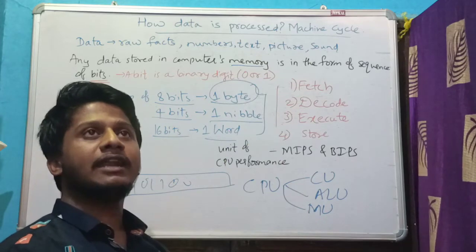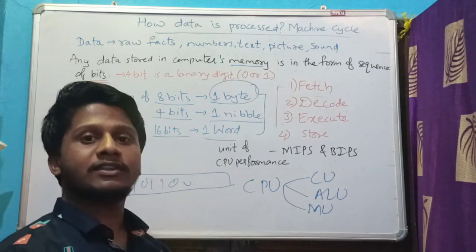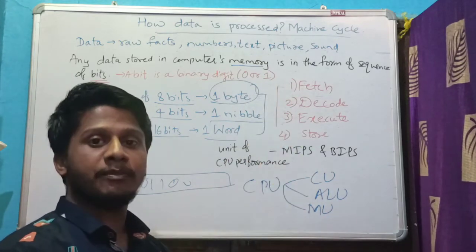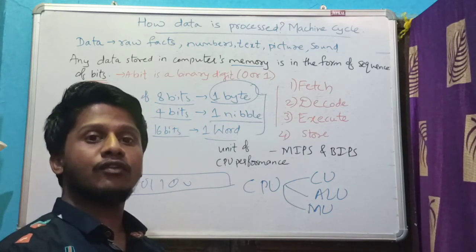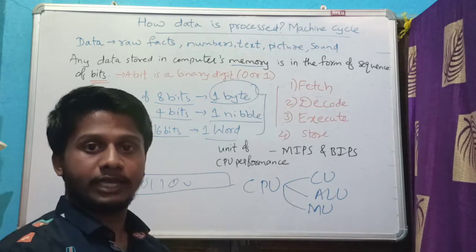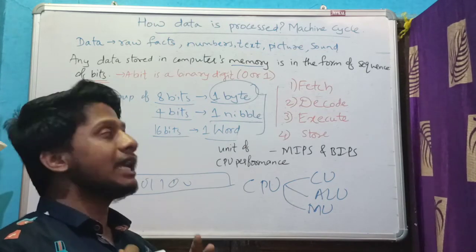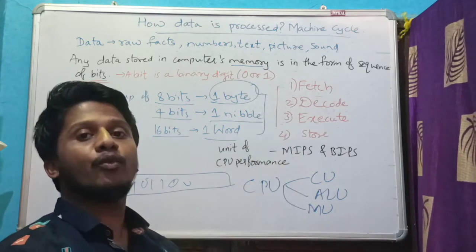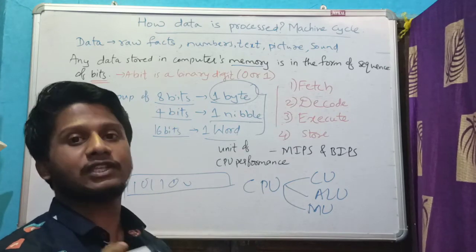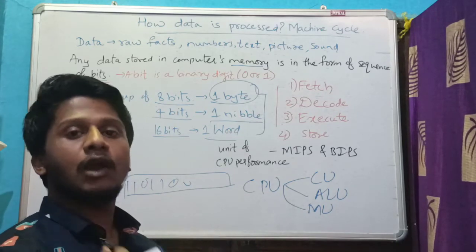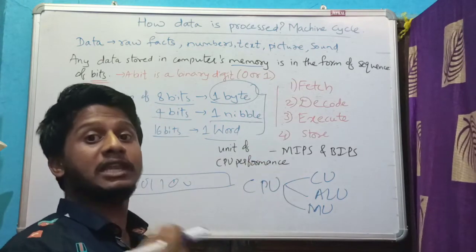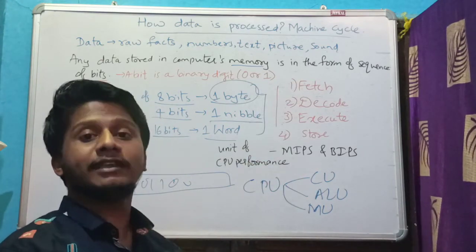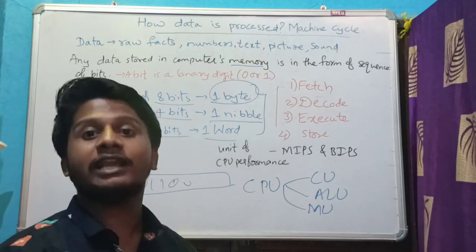You may ask how one instruction executes these 4 steps, and if I provide thousands of instructions, how long we have to wait. These 4 steps will be executed within a fraction of a second. We cannot count it. Millions and billions of instructions will be executed by the computer in a fraction of a second.